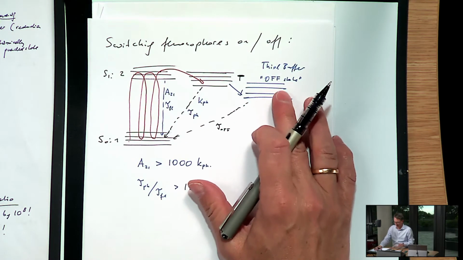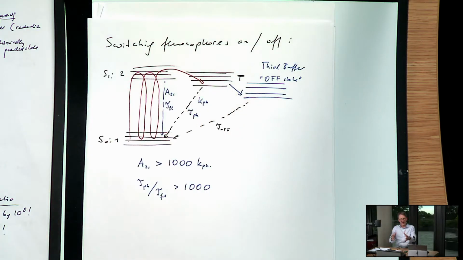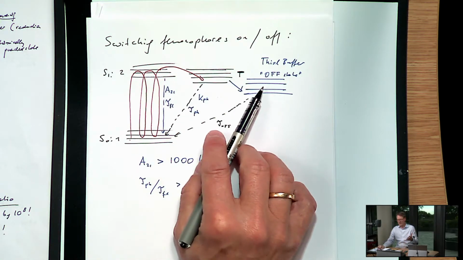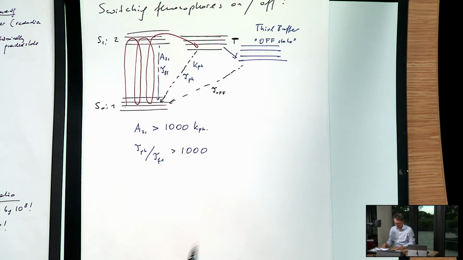And simply you achieve it by first doing this trick, putting the correct buffer inside the system that you're looking at. The buffer then reacts with this excited triplet state, and then the molecules will really stay in this off state for a very long time, because this T off is so much longer.